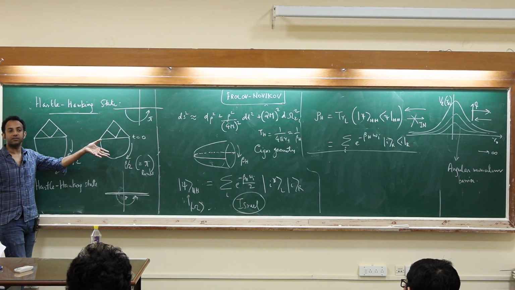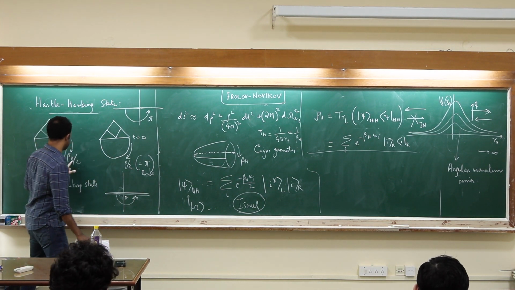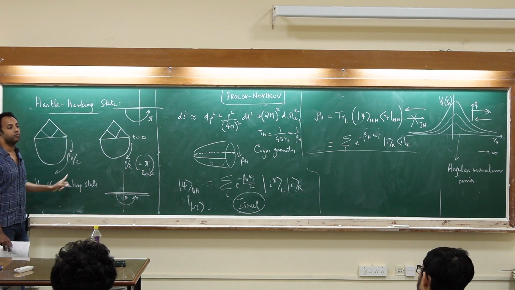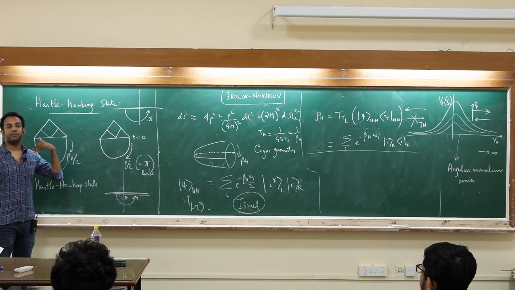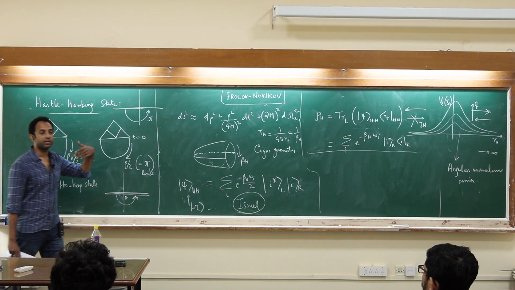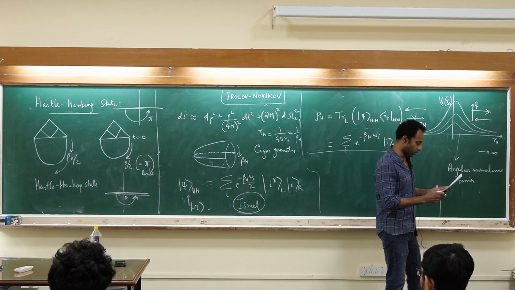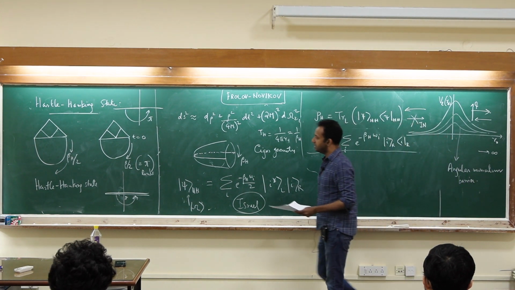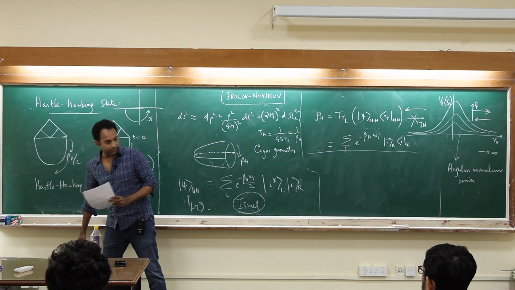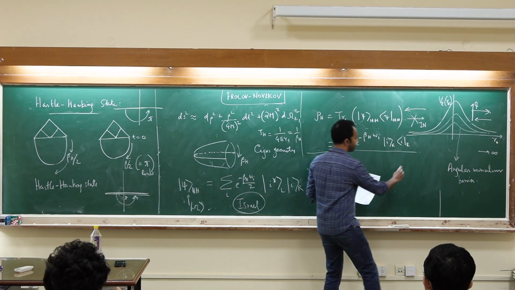So this is an important and useful fact: if you move by beta H by 2, you go from the left wedge to the right wedge, or vice versa. Was there a question? Okay. I think that's some of the main ingredients that we want to talk about.